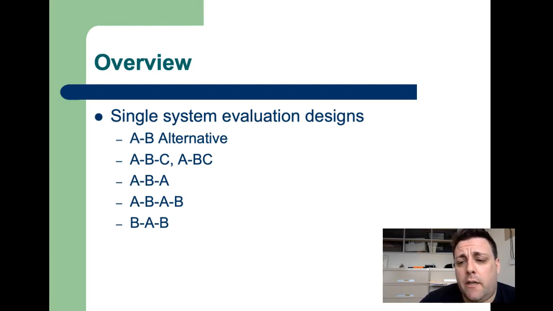There's a second option, and that would be an A, then B and C kind of design, and that's really where the C intervention is added to the B intervention, and the B intervention continues. My sense is that in clinical practice, it's often an A, then B and C design that's used. It's usually a second intervention that's added to support that first intervention.